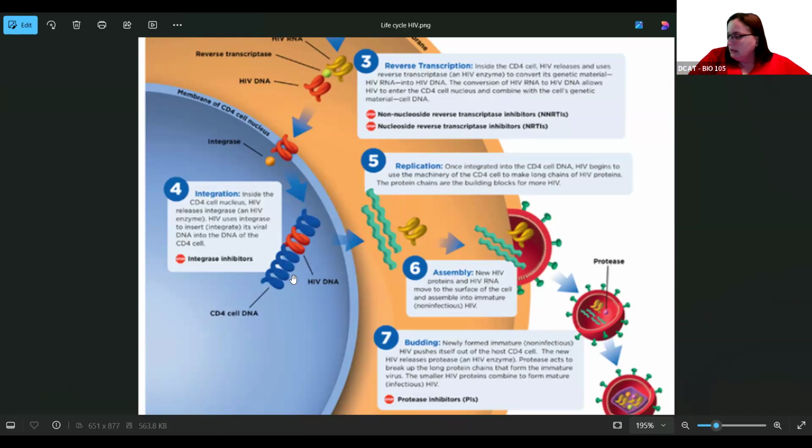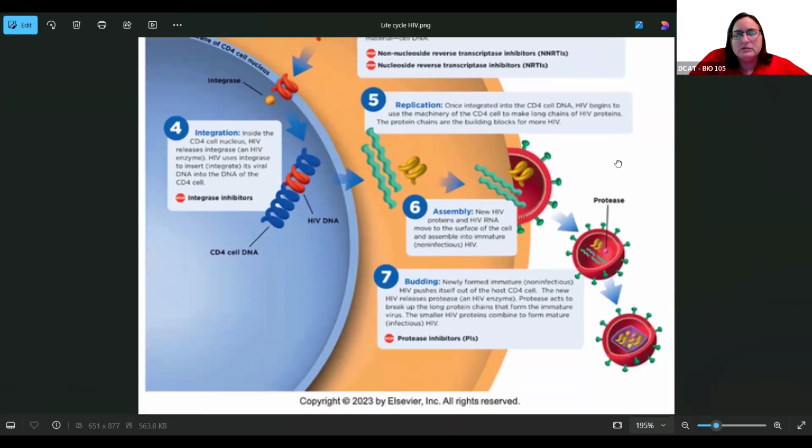So once we make it past step 4, then we go to step 5. And that step 5 is going to be replication, okay? So once it's integrated into that CD4 DNA, which is what happened right here, okay?